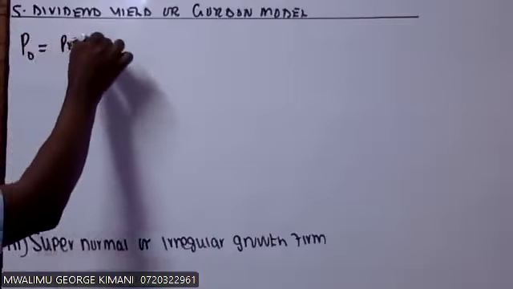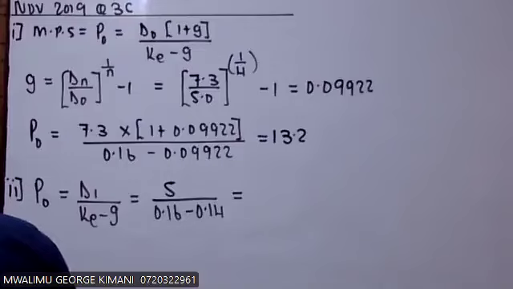You divide by 0.16 and growth is 14%. Oh, it was 132, not 13. 132.02. Okay. So now this one is 250. Okay.